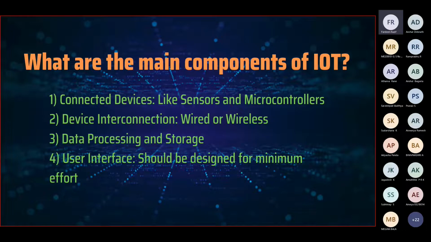Devices should be interconnected. In the temperature sensor case, the devices were wired, whereas in the Alexa example, the devices were wirelessly connected. So you can have either wired or wireless, depending on the mode of communication. Also, on large scale IoT devices, data processing and storage is a very important thing.